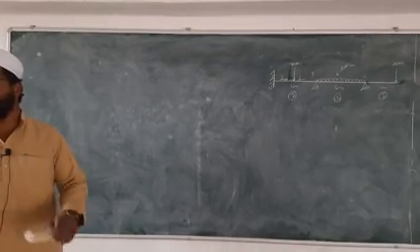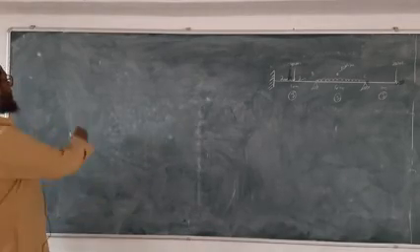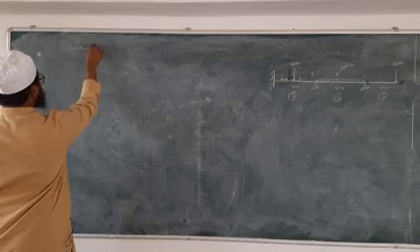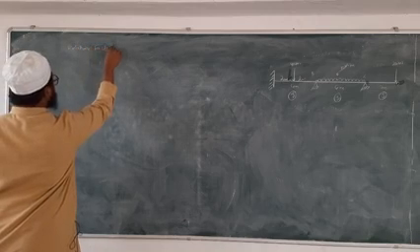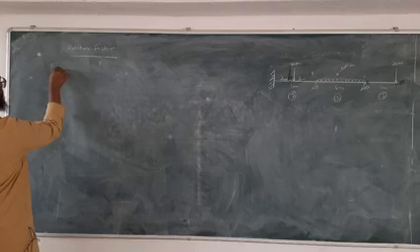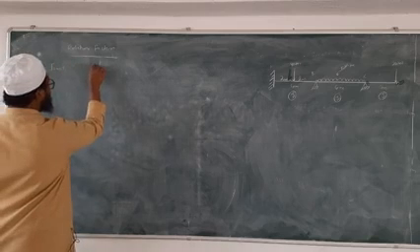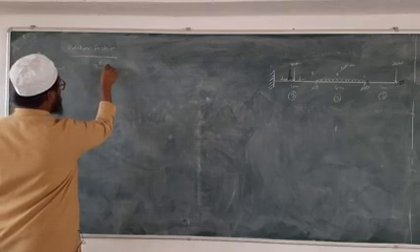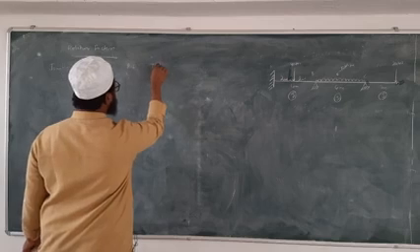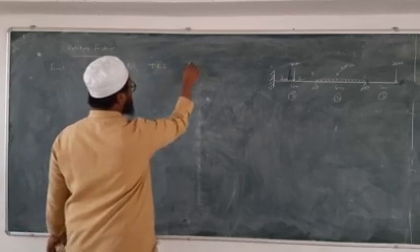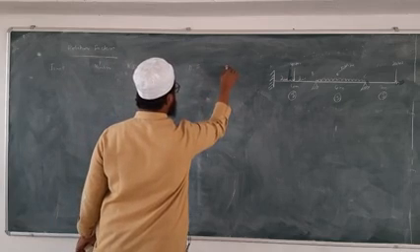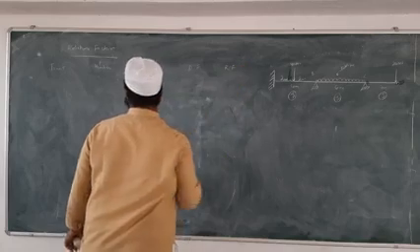Now we'll start our distribution factor, rotation factor. So we'll calculate rotation factor. How to calculate rotation factor? Joint, member, relative stiffness, total relative stiffness, distribution factor, then rotation factor.